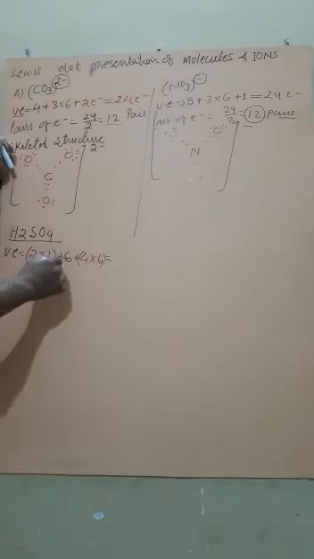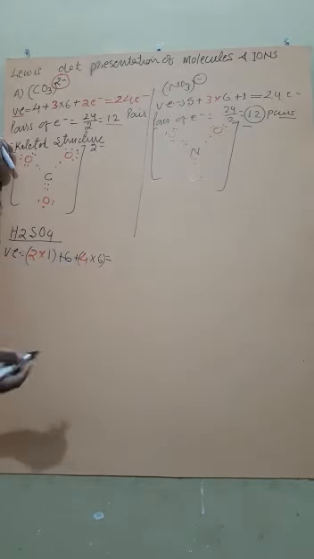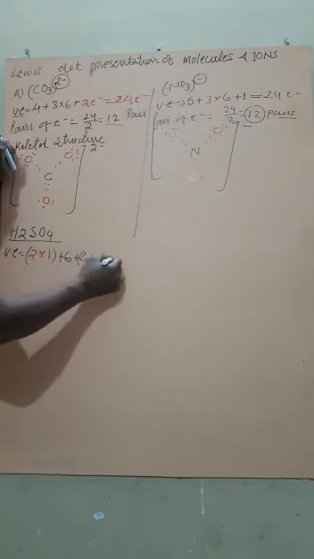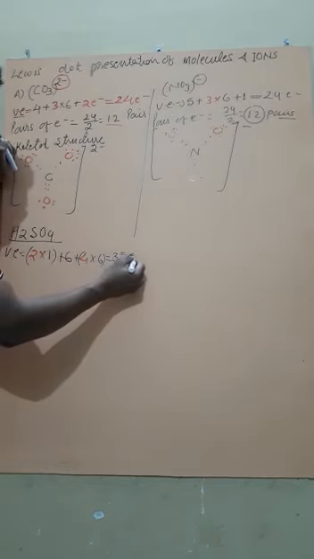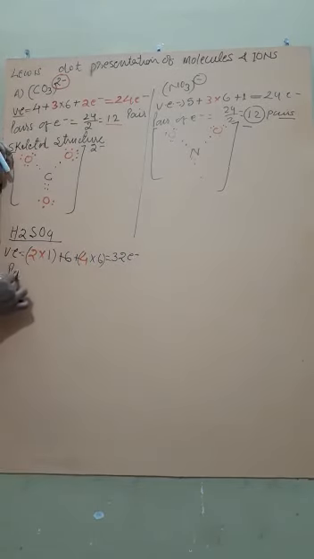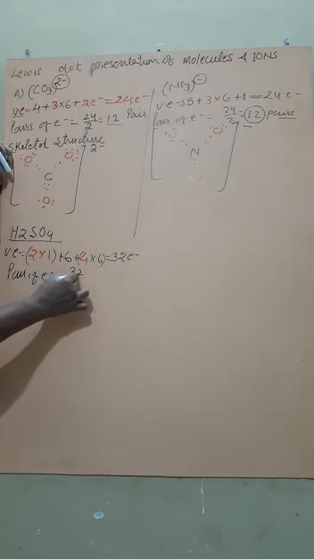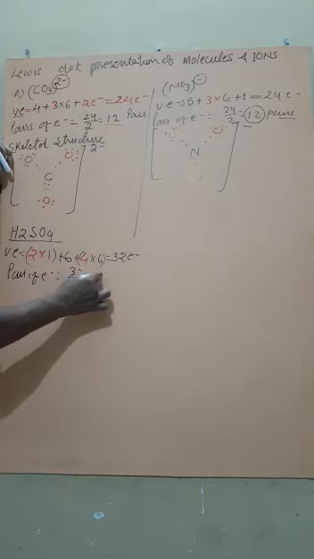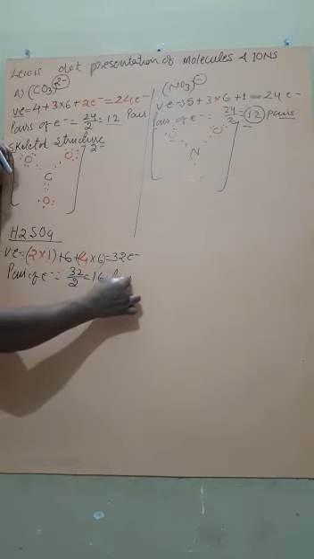Now take the sum: 2 into 1 is 2, plus 6 is 8, and 4 into 6 is 24. So 8 and 24 make 32 electrons. Now the pairs of electrons: 32 divided by 2 is 16 pairs.